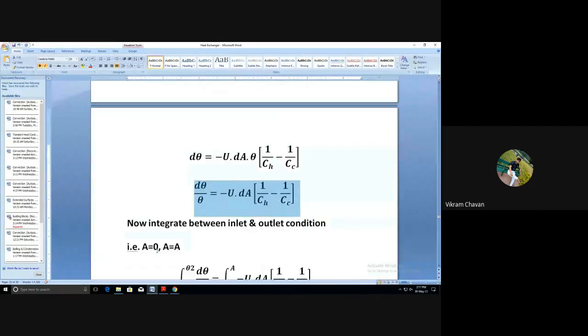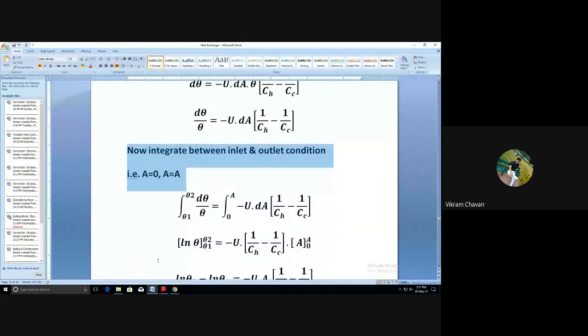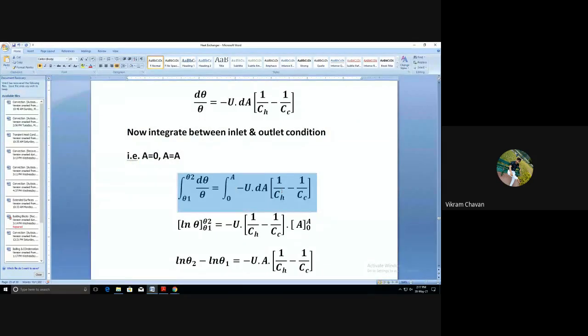Now integrate this equation between inlet and outlet conditions, that is when area is equal to 0 and when area is equal to total area, capital A. So the inlet limit for theta is theta 1 and the outlet limit for theta is theta 2.